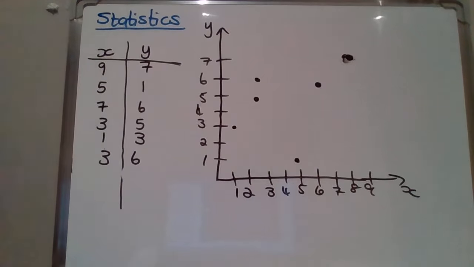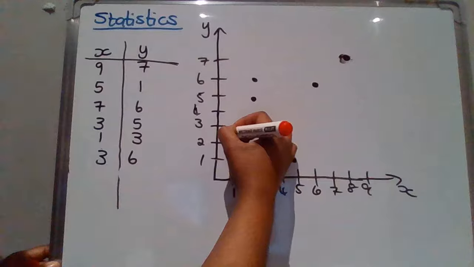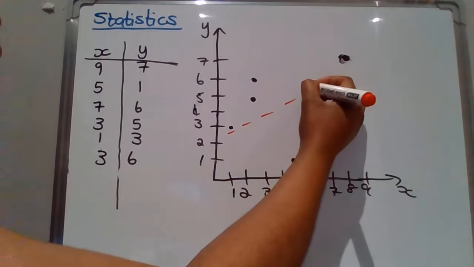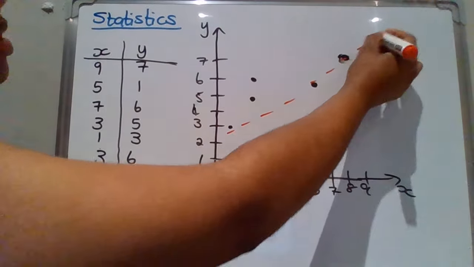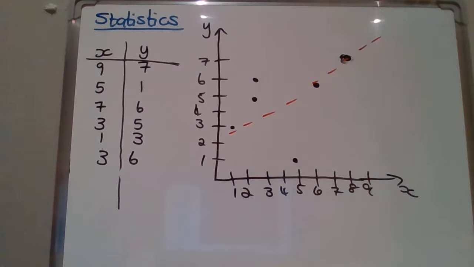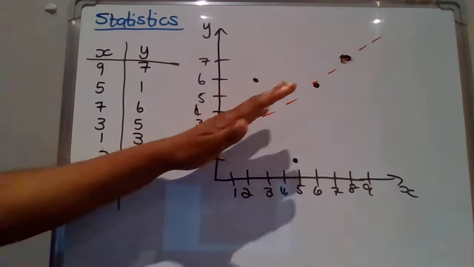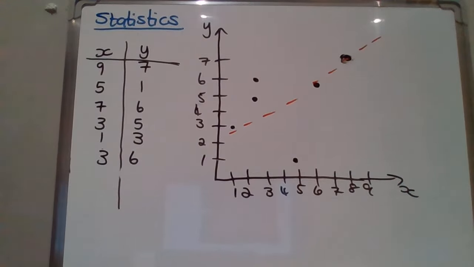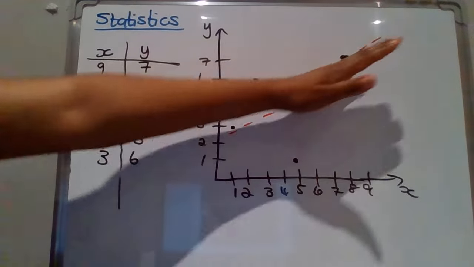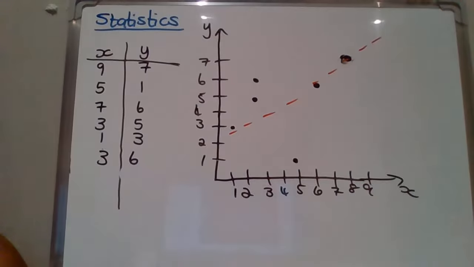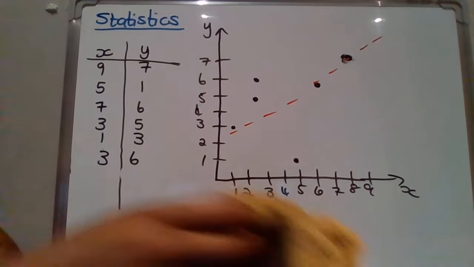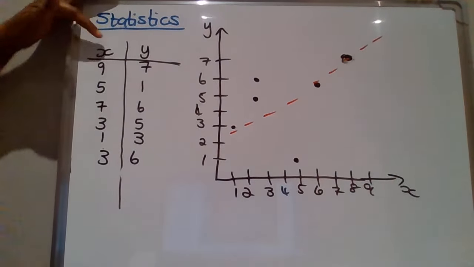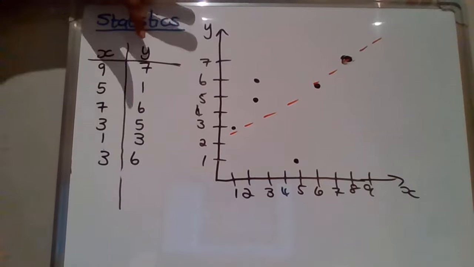So that's an estimation. I would then draw my line to be something like that, perhaps. Intuitively, I can see that it's going upwards in that direction. So here I can see that there's a correlation. Remember the example I was making, the number of days students attend and their marks.